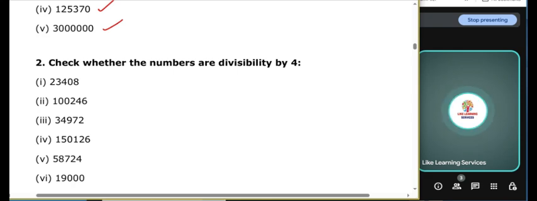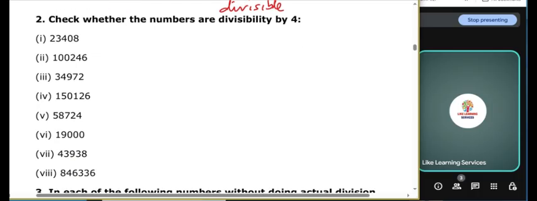Check whether the numbers are divisible by 4. By 4, the last two digits should be divisible by 4. So let's go.